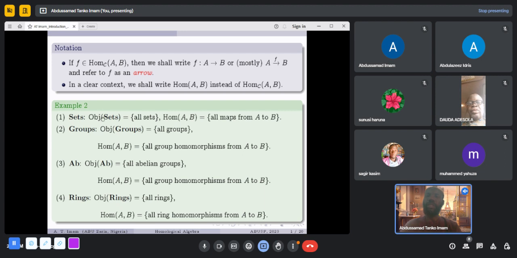So you take the class of objects to be the class of all sets, and between any two sets you define morphisms, the set of all mappings. So morphisms between objects are maps from A to B. For any two objects, you take the collection of all mappings. And we know we have a composition law in this set. We can compose mappings.